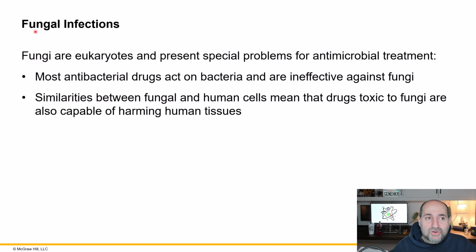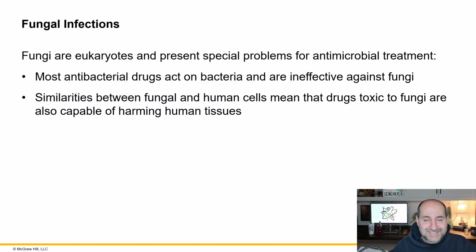Remember I told you about fungal infections? I told you that because fungi are eukaryotes like you and me, this presents problems for treatment because of that evolutionary similarity. A lot of drug targets against fungi also affect humans, right?